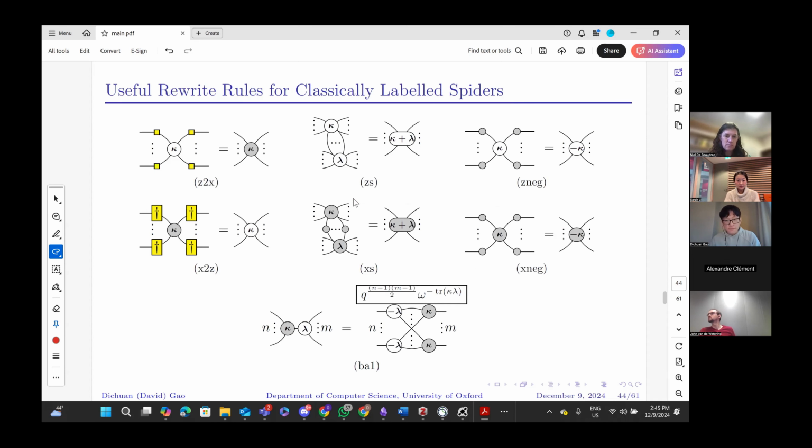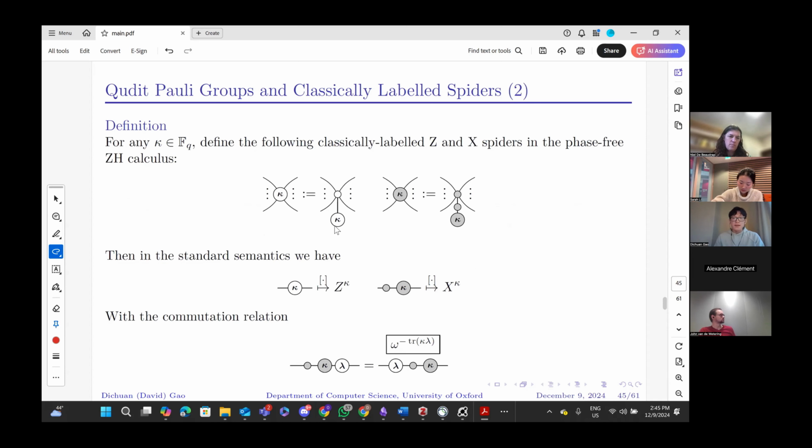Cool. Right. I should probably start going a bit faster, but okay. From these definitions, it's relatively easy to see that your one in, one out classically labeled spiders correspond precisely to the Pauli gates.